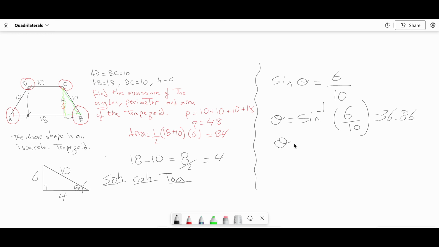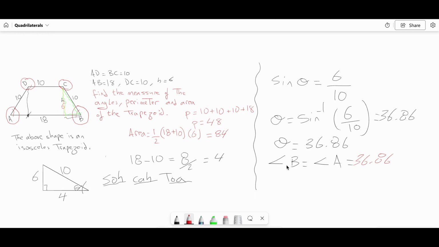So angle theta is 36.86. So angle B, which is equal to angle A, is equal to 36.86.